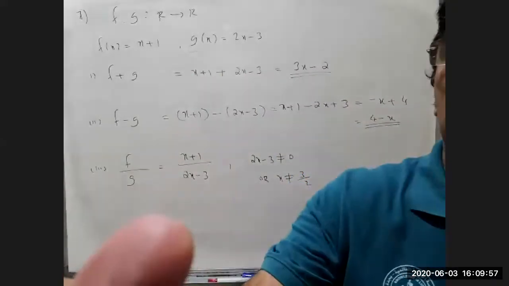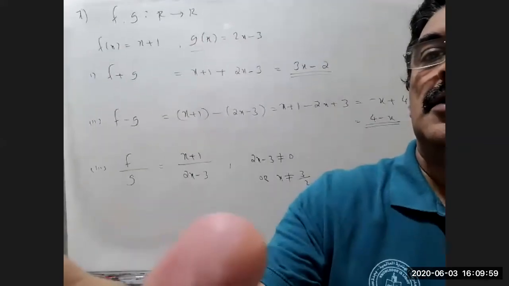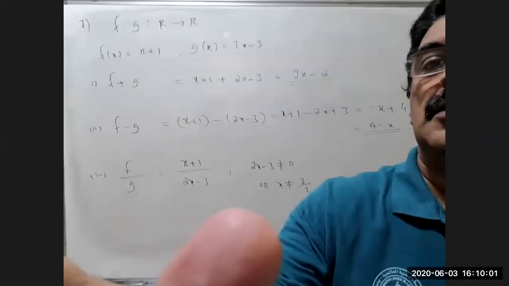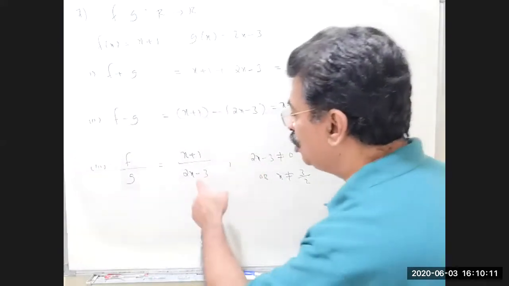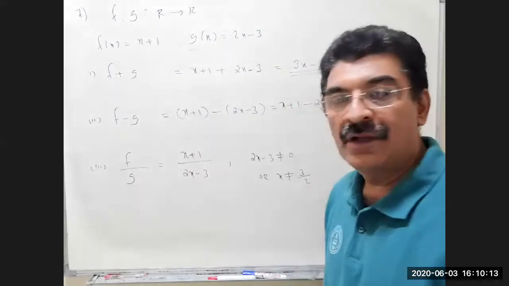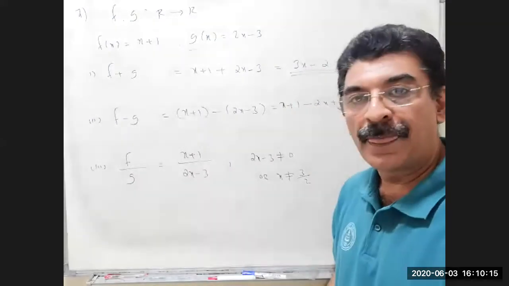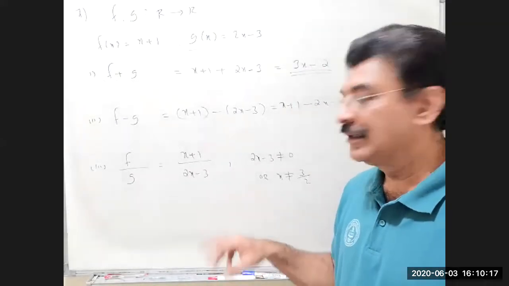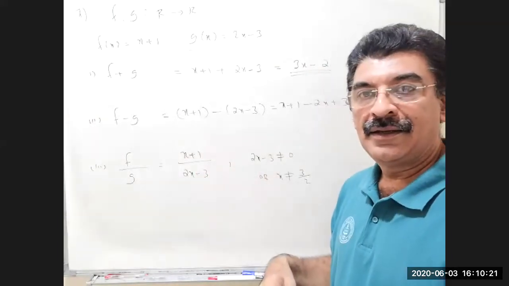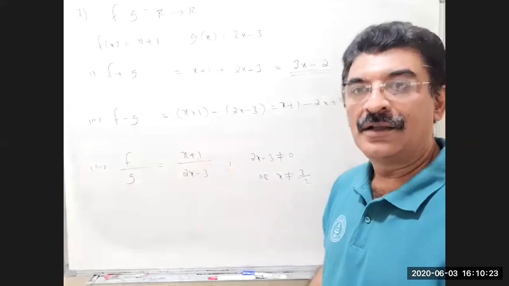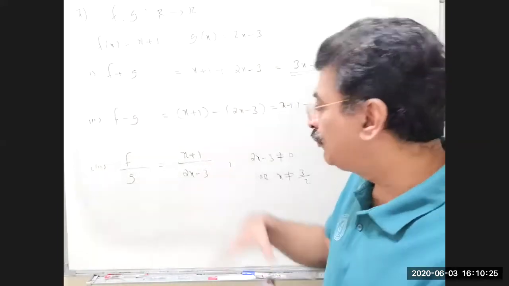Again, what's the other doubt? The other one is, can't we take the denominator on the right side equal to 0? We have a numerator and denominator. Whose side is equal to 0?